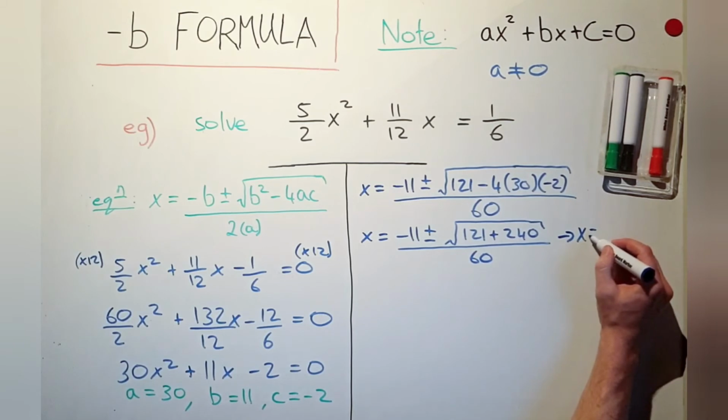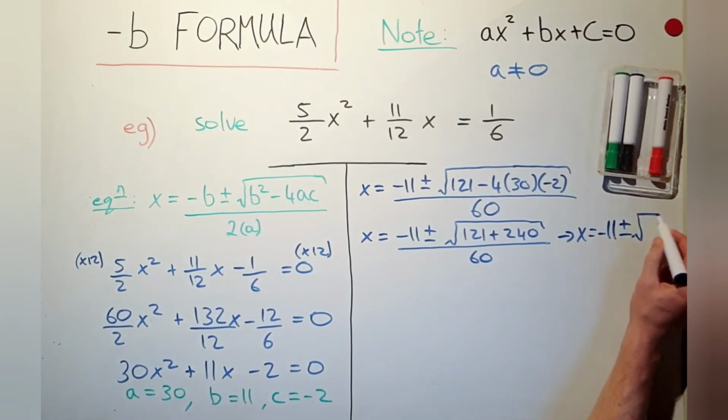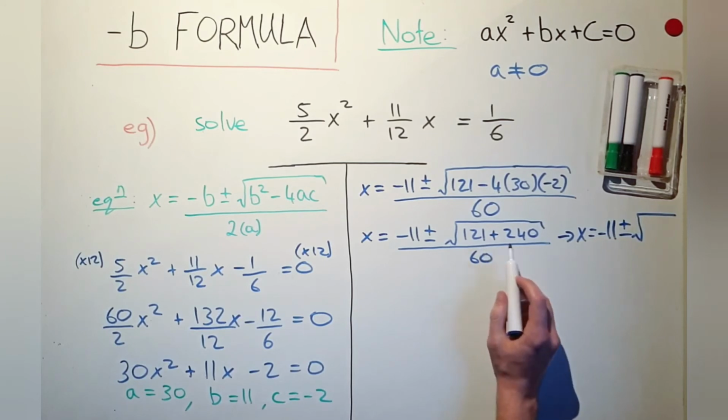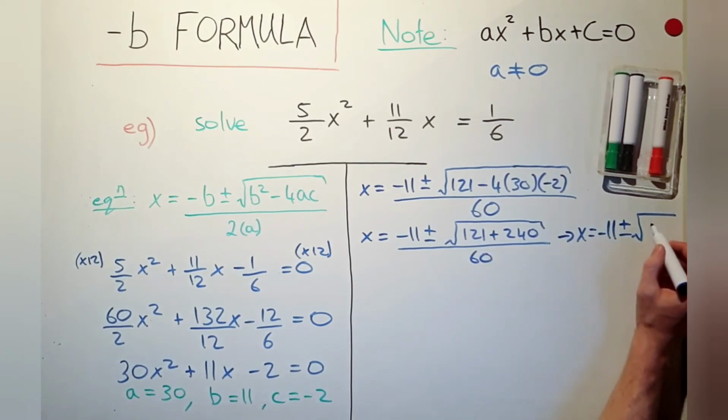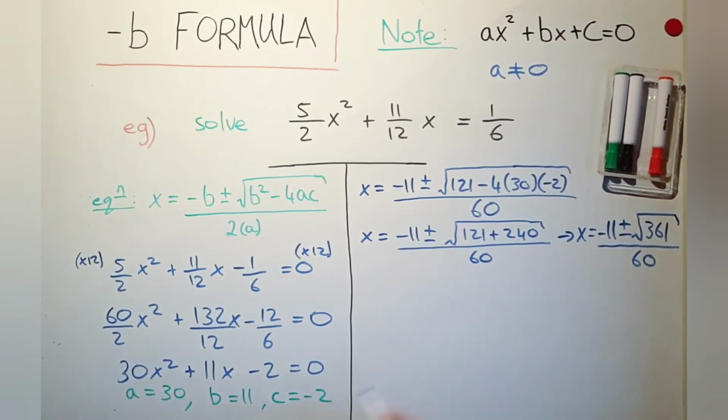So x is going to equal minus 11 plus or minus the square root of 121 plus 240 is 361. And that's all divided by 60. All right, so now we've broken this down to the last square root.